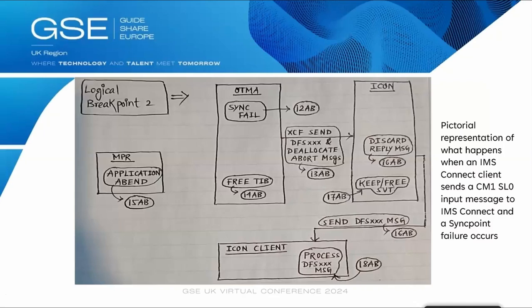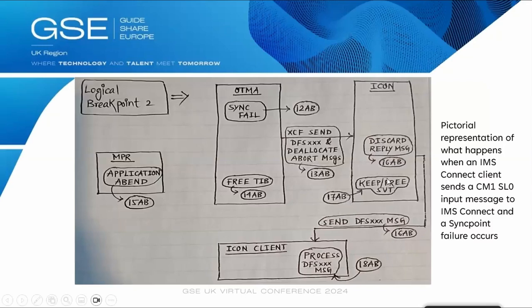will now abend, right? Now moving on to 16AB, over here, IMS Connect will now process the sync point failure and it will discard the reply message, right? I mean, since there has been a sync point failure, IMS Connect will discard the reply message. IMS Connect will also send the DFS XXX message to the IMS Connect client, right?